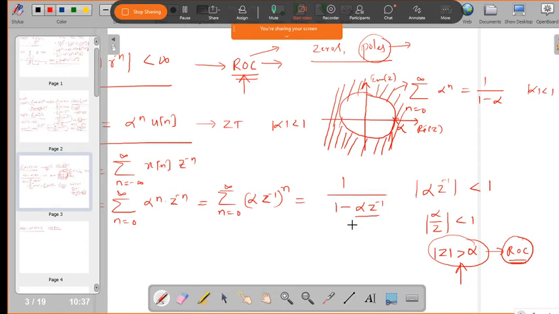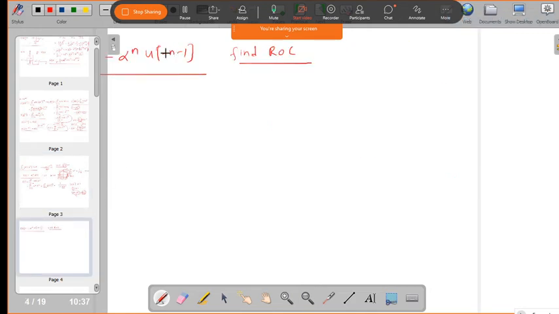Now the sequence is right-sided, so it is positive sided. But in our case it is left-sided. It exists from minus 1 to minus infinity. So whatever the region of convergence, z should be less than alpha.